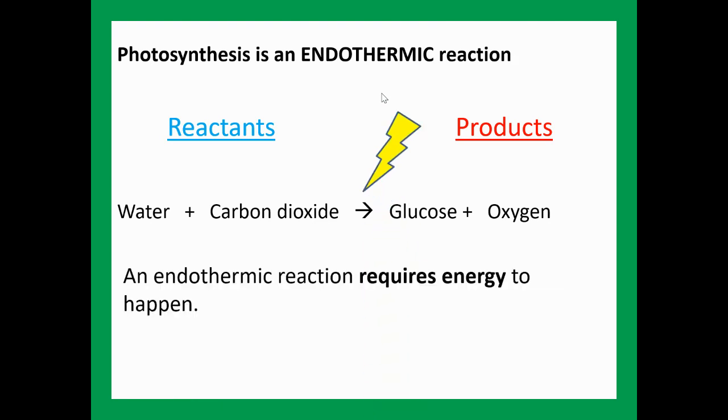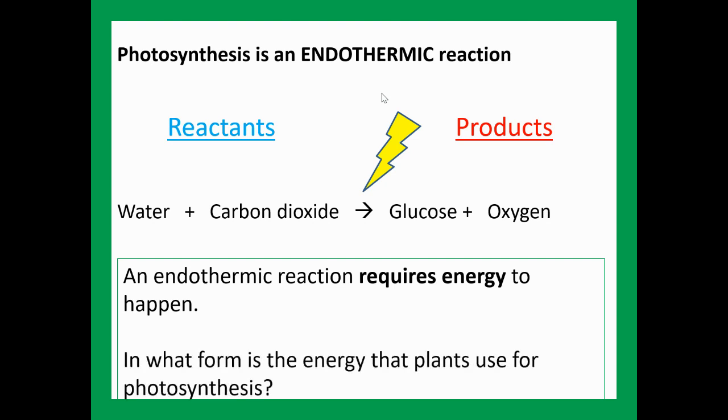What is the kind of energy that it requires? It's light. An endothermic reaction requires energy to happen, and it is the energy in the form of light that plants use to make this happen.